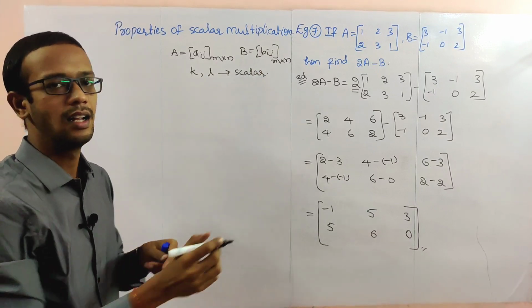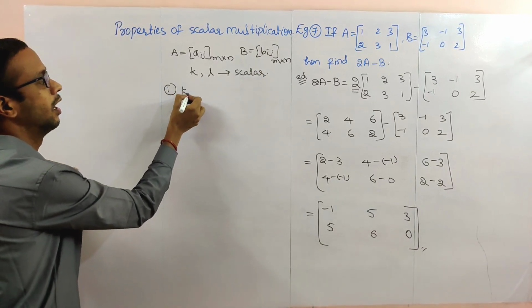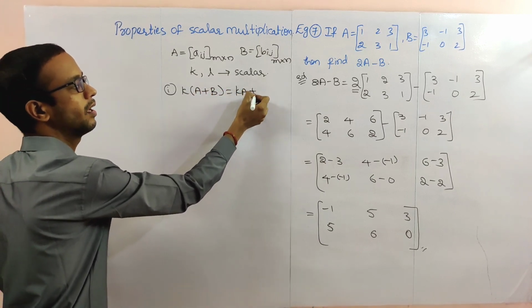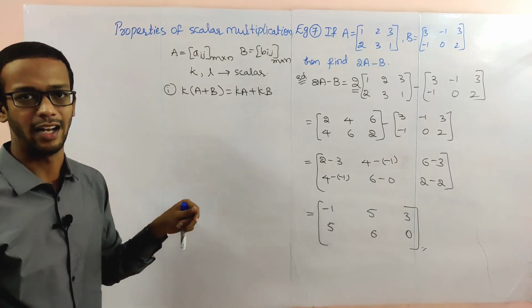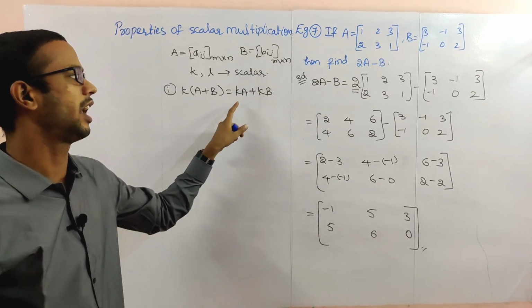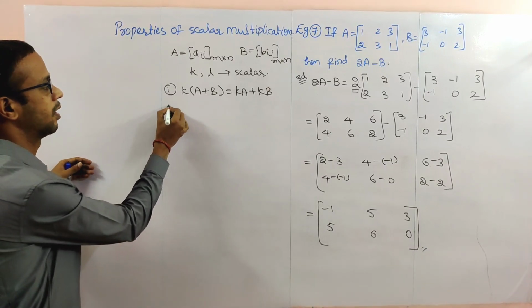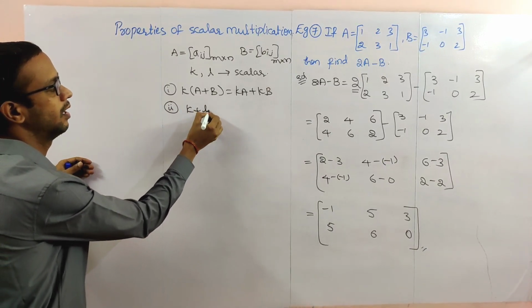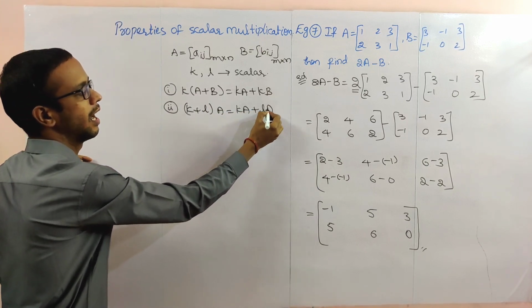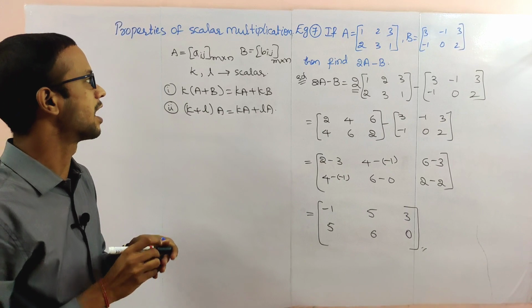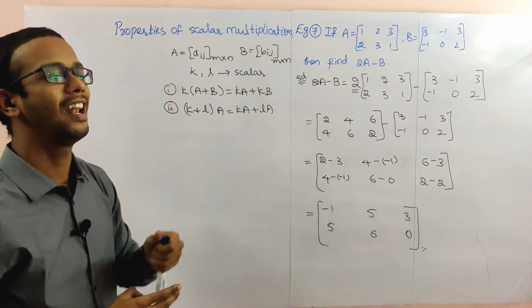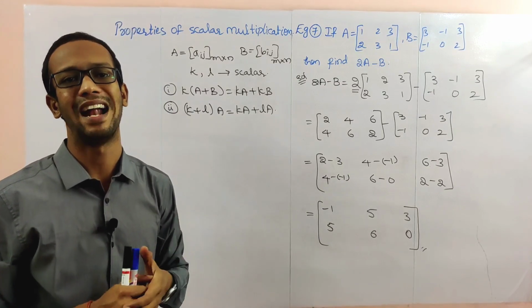Then the first property: K into A plus B is equal to Ka plus Kb. Next, number 2: K plus L into A is equal to Ka plus La. These are the two properties of scalar multiplication of a matrix.